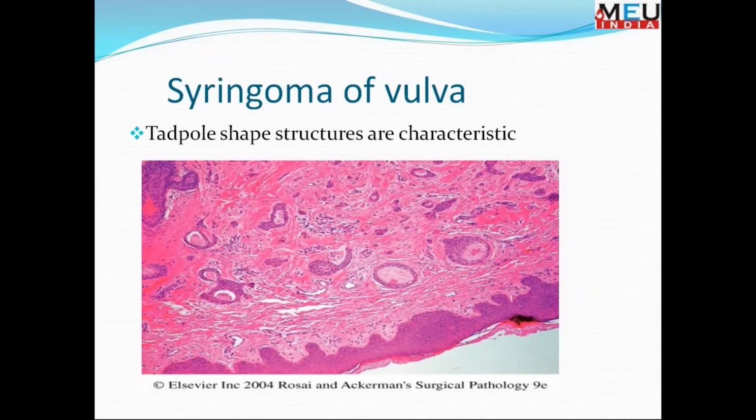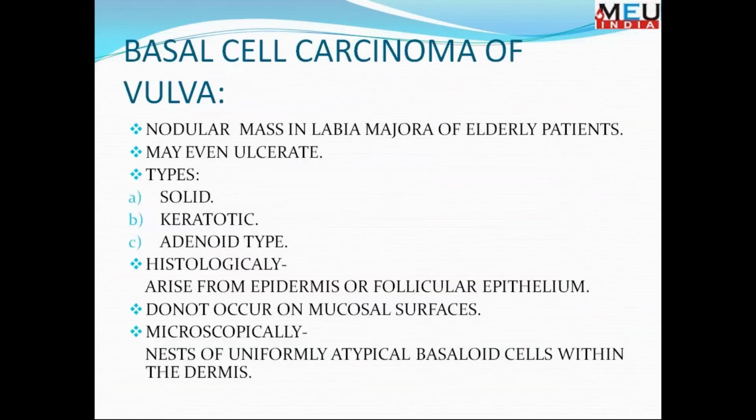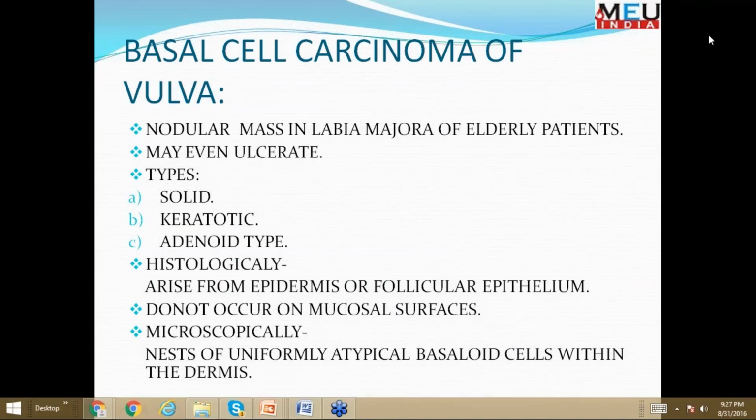Syringoma of the vulva involves tadpole-shaped structures in the dermis. Another entity is basal cell carcinoma of the vulva, involving a nodular mass in the labia majora of elderly patients, and it may even ulcerate. The types are solid, keratotic, and adenoid, and histologically it arises from the epidermis or follicular epithelium.